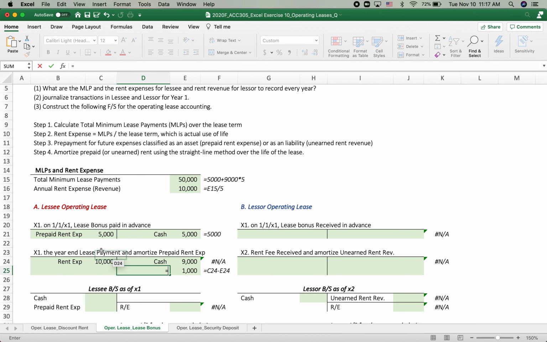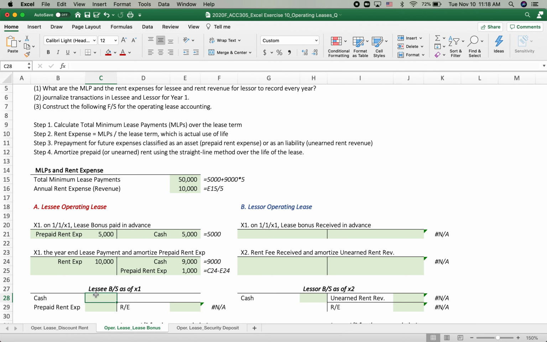Right, because we use this asset, the $5,000 prepaid rent expense should be amortized by $1,000, because this $5,000 was paid in advance along the life of the lease term. So $5,000, right, out of that, $1,000. So we record prepaid rent expense reduced by $1,000 here.